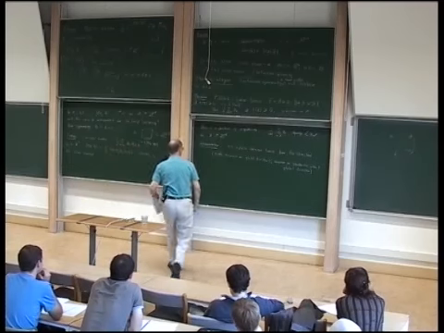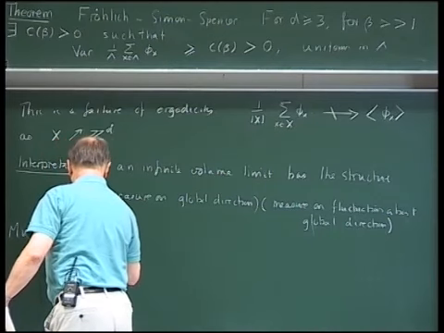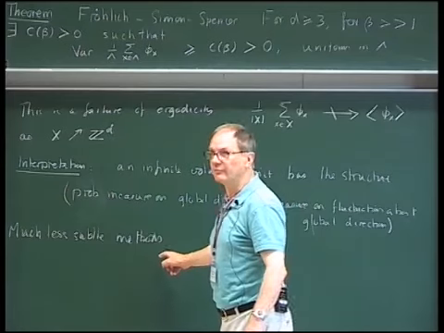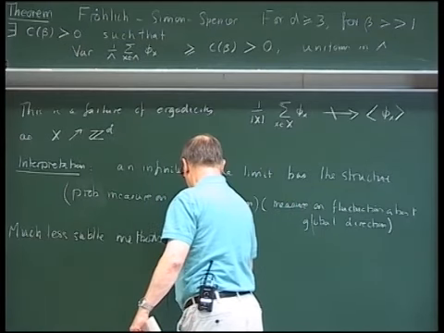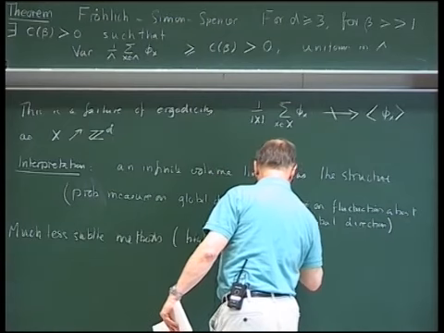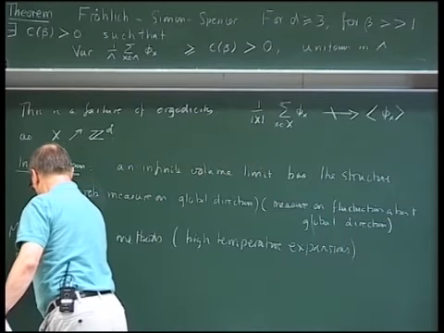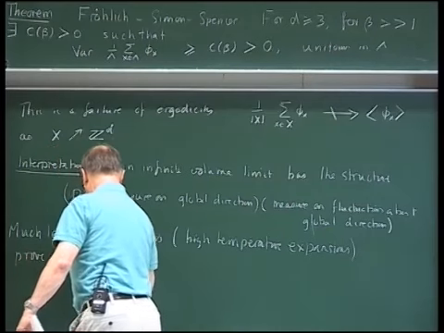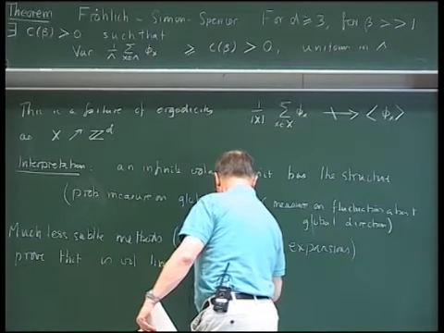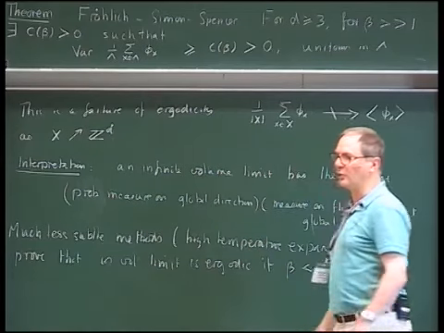Now, I should add that much less subtle methods than what I'm talking about for the rest of today, namely high temperature expansions, prove that the infinite volume limit is ergodic if beta is small.